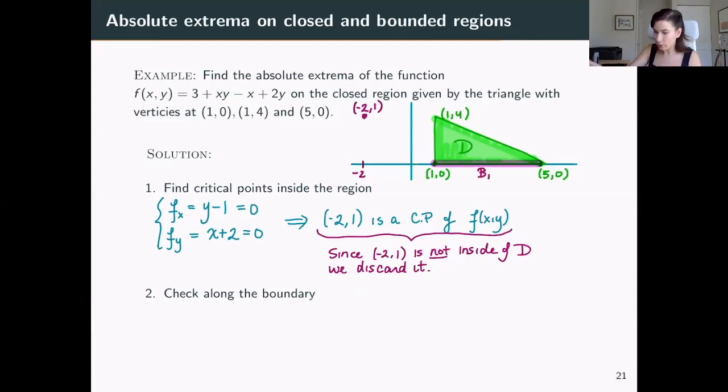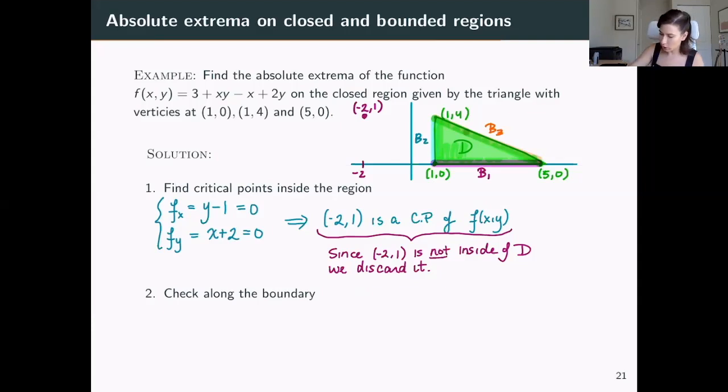We can also look at boundary 2, which is this line here. And last but not least, I have boundary 3 here in orange. We're going to deal with each one of these boundaries individually.